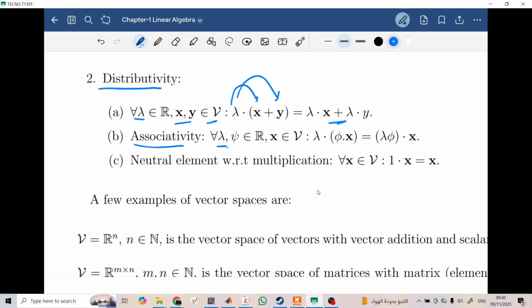If we have two scalars and one vector, we can change the order of scalar multiplication, right? Finally, we have the neutral element with respect to scalar multiplication, of course, and this is only 1. If we have 1 times x, it equals x for all x.